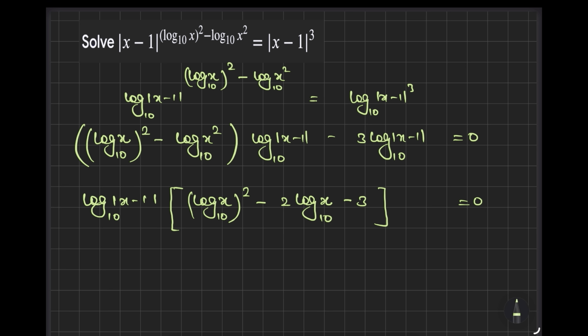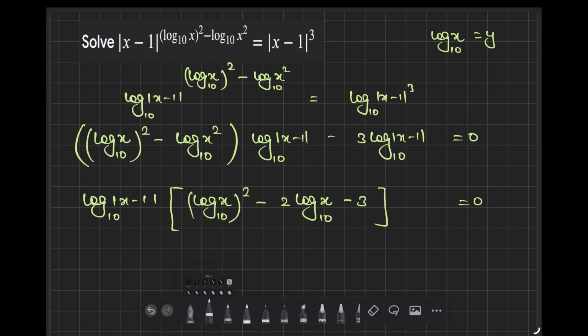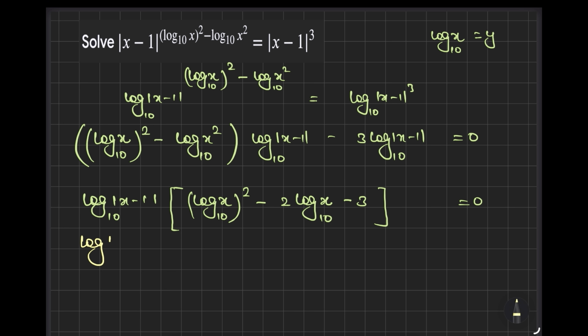So, for the time being, I will take log x base 10 to be y. Look at this. So it is log |x minus 1| base 10, and here we have y square minus 3y plus y minus 3.